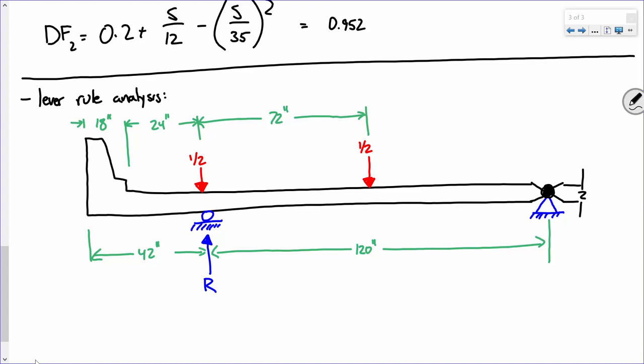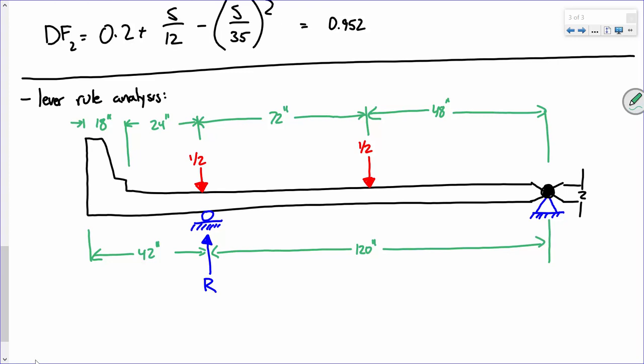So far, so good? So let's see if we can do a little bit of math. Anybody tell me what this dimension is? 48 inches, exactly. Because I know from here to here is 162. Take 162 and subtract those, and that'll give me 48.